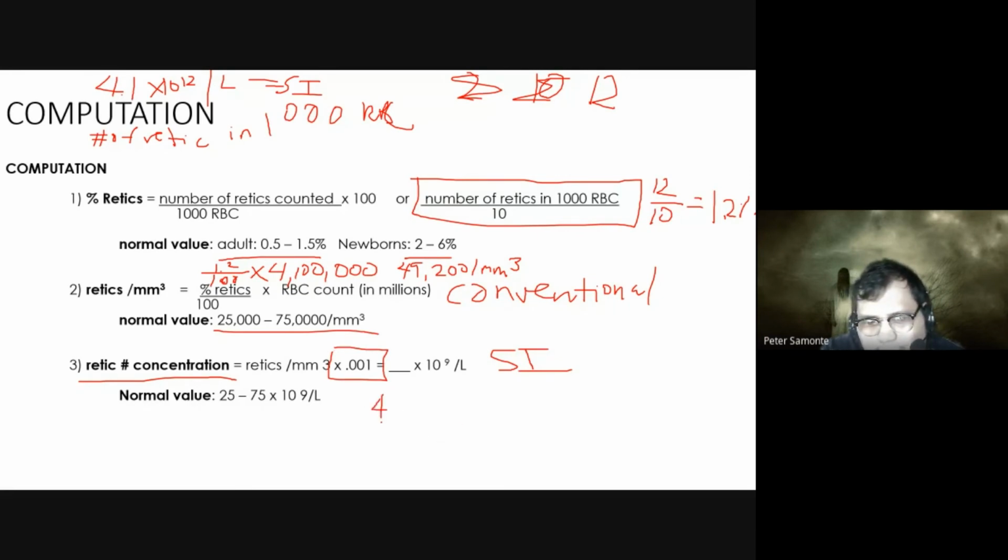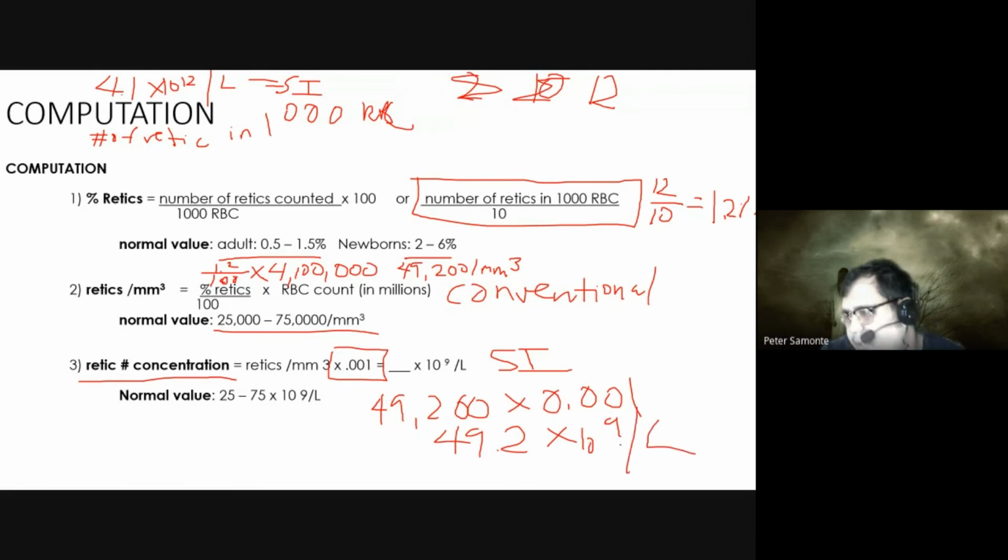So 49,200 times 0.001, you would get 49.2 times 10 raised to the 9 per liter. So the normal value is 25 to 75 times 10 raised to the 9 per liter.